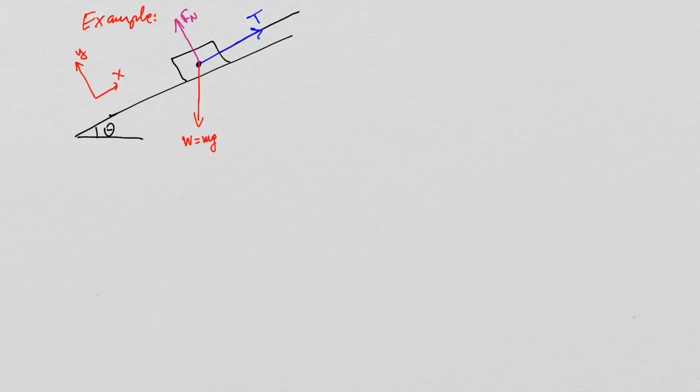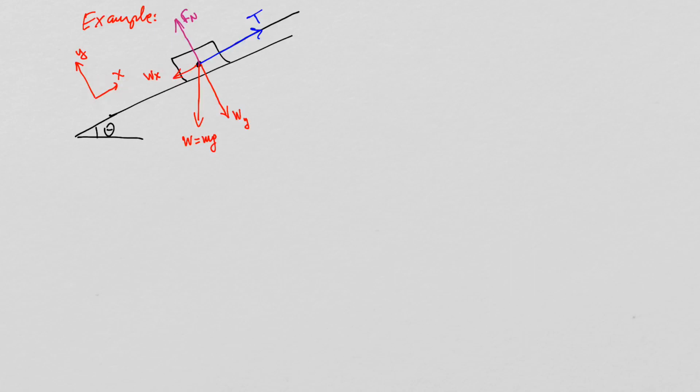And so here is one of the components. So that is the y component of the weight. I call it the y component because it's parallel to the y-axis. And here is the x component. And again, it is the x component because it's parallel to the x-axis.